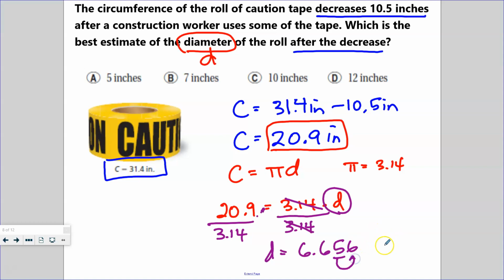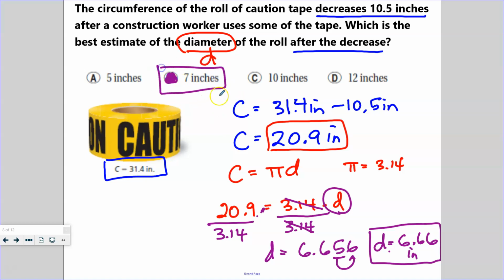We'll round to the nearest hundredth, so diameter equals 6.66, and that is inches. What a terrible number. Alright, if we rounded to the nearest whole number, we would simply say that it would be 7 or 6.7. And so we would say that 7 inches is the best estimate for us.